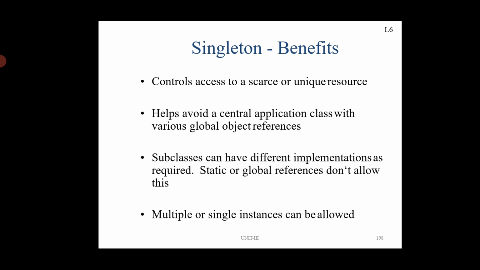You can use the same approach to control the number of instances that the application is using. Only the operation that grants access to the singleton instance needs to change.